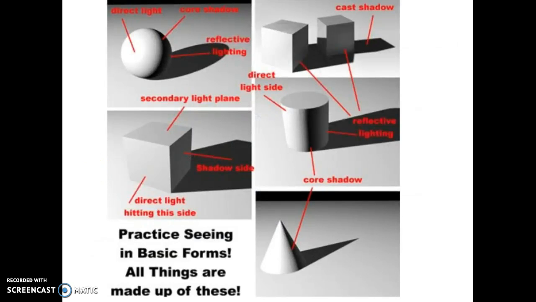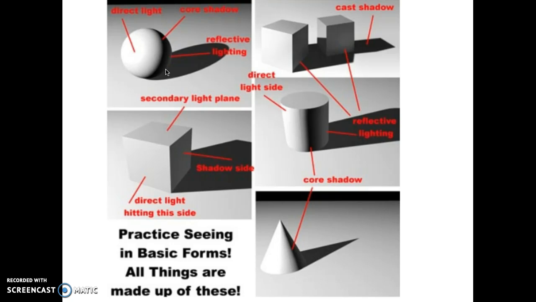These are examples, and these have been done in a computer, so the shadow ranges are a little harsher. You'll notice the sphere in the upper left-hand corner has more of a band of dark and less of a range of gray, which is what we would expect to see in a drawing.